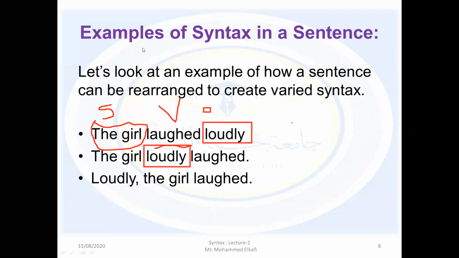So here we have three different orders for the sentence, but the same content.